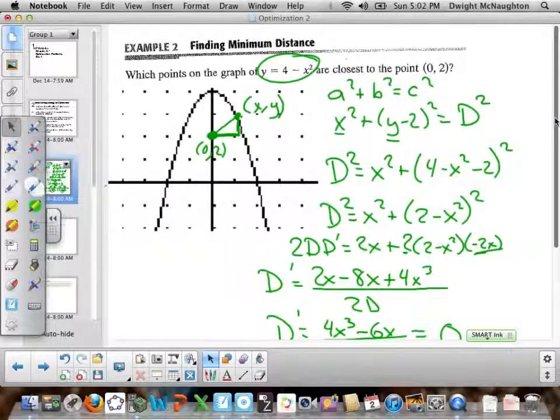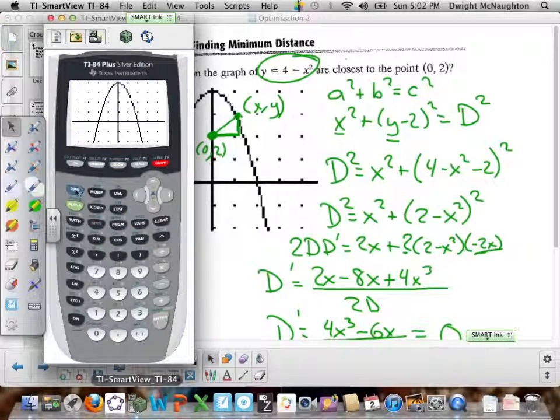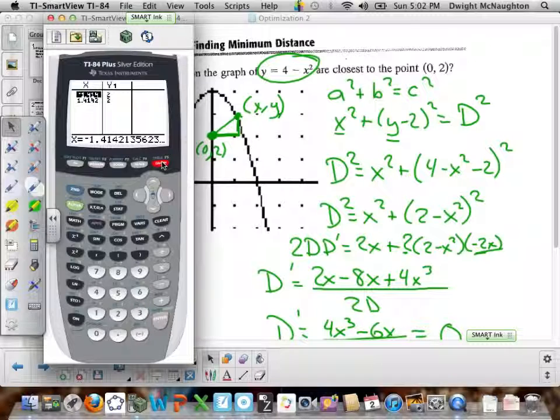So the points that are closest, let's go here. Then type in square root of 3 over 2. We get 2.5.